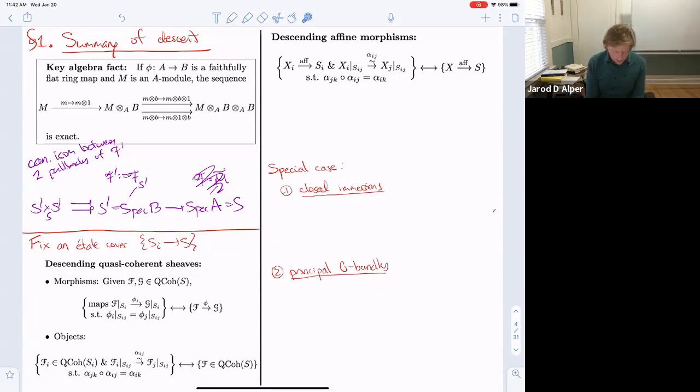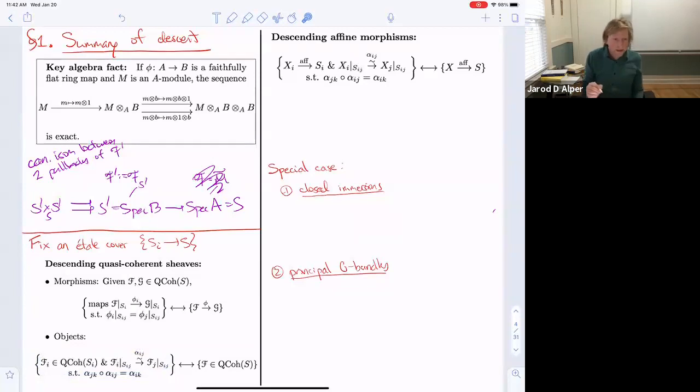And so what it says in terms of morphisms is that giving a map between two quasi-coherent sheaves is the same as giving maps between their pullbacks that agree on the double pullbacks. And likewise with objects, an object over the base is the same as objects over each S_i and compatible isomorphisms.